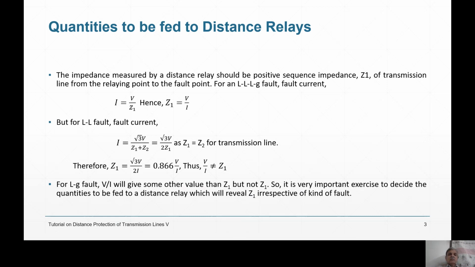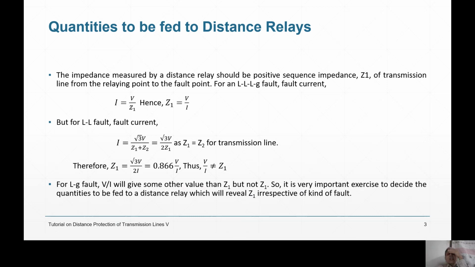Thereby, if you see, root 3 V by 2 I is equal to V by I, which is root 3 by 2 times Z1, that is 0.866.